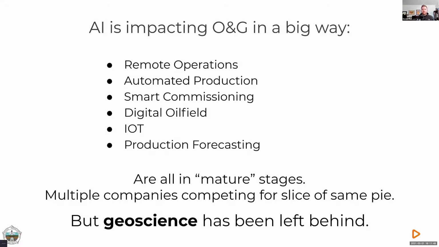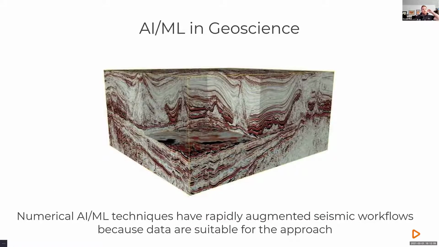And even with all of this happening, those fields are very well developed, they're very built out. There's multiple companies competing in that arena and making a lot of different solutions. But if you ask me, geoscience and exploration in particular have really been left behind in a lot of ways. And the reason for this is complex.